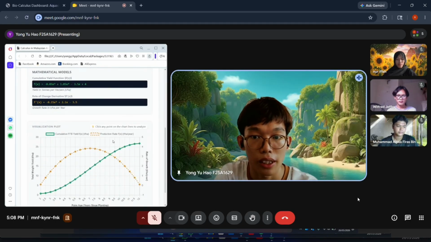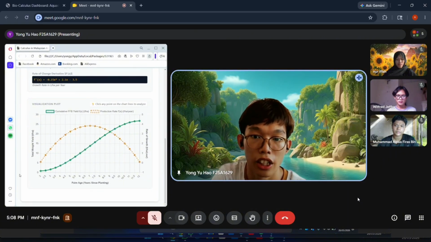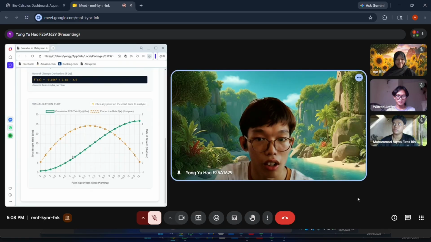This HTML website contains an interactive graph with two important lines. The green line represents the cumulative yield function, which shows the total oil palm yield over growth years.